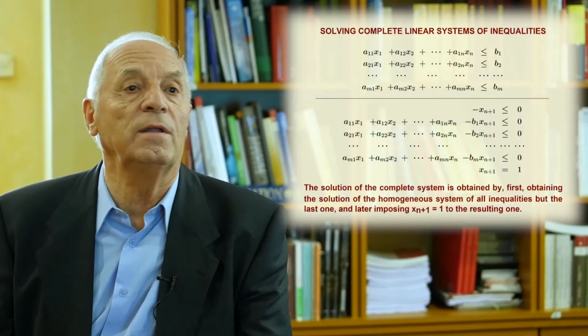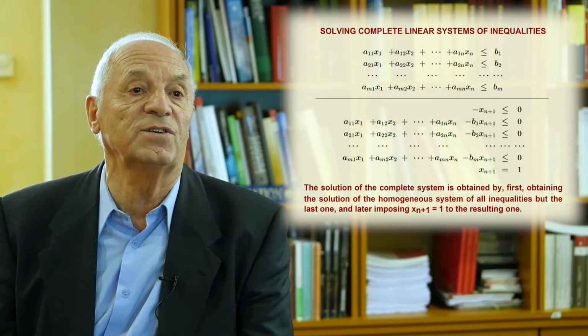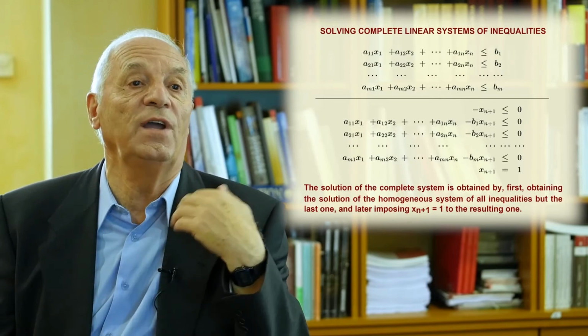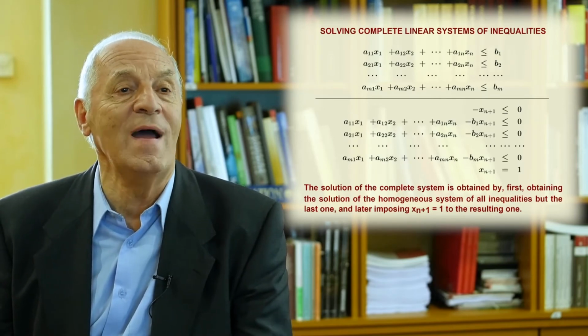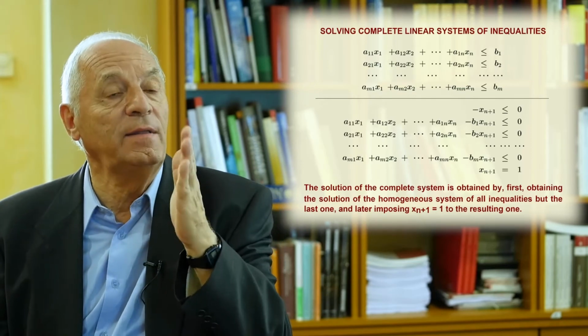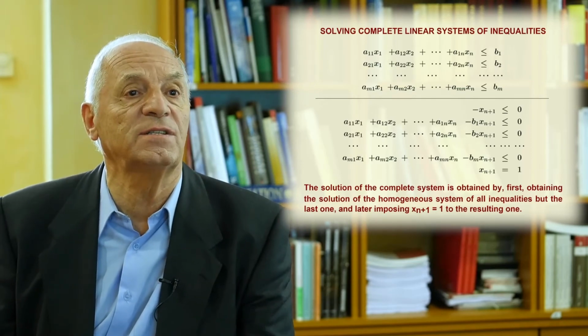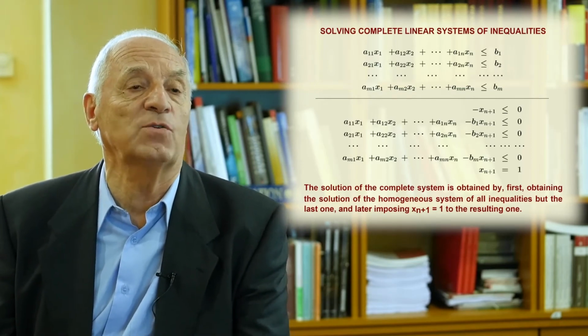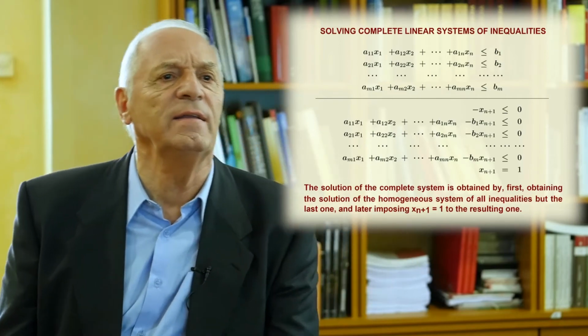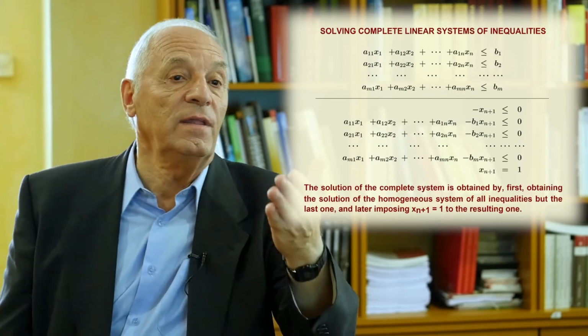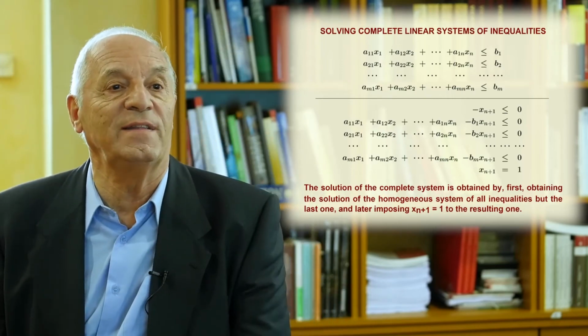What happens if we have a linear system of inequalities? Then not all the coefficients are 0, and then you create a new unknown, xn plus 1. You multiply the right-hand side terms by xn plus 1. You move them to the left-hand side, as indicated, and then you get a homogeneous system of inequalities.